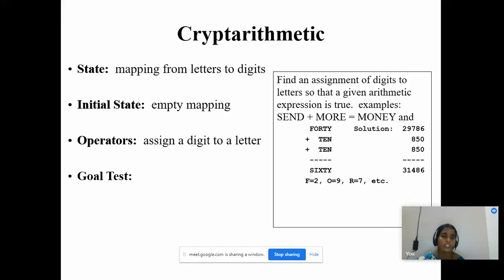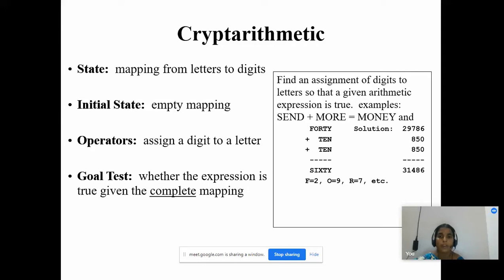For each and every letter present in the problem we assign a different, unique digit. The same digit will not be allocated to 2 different letters. In this way we design the problem solution.